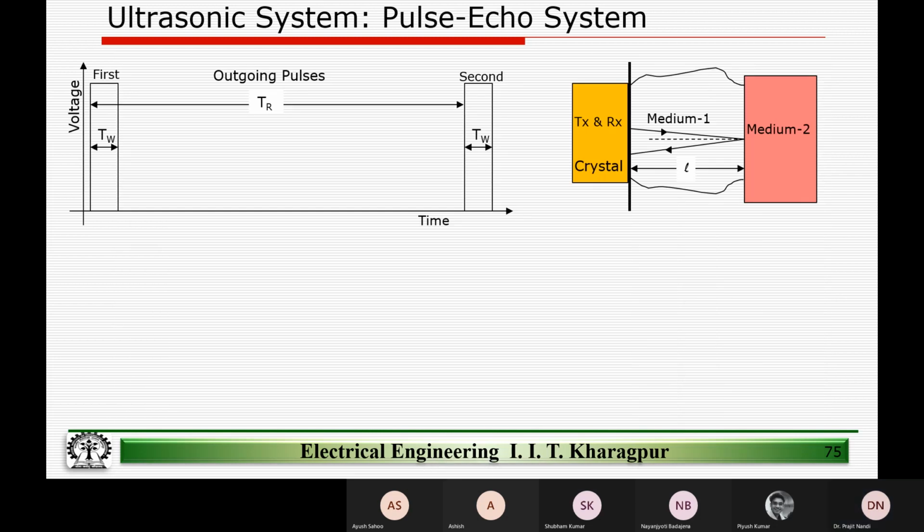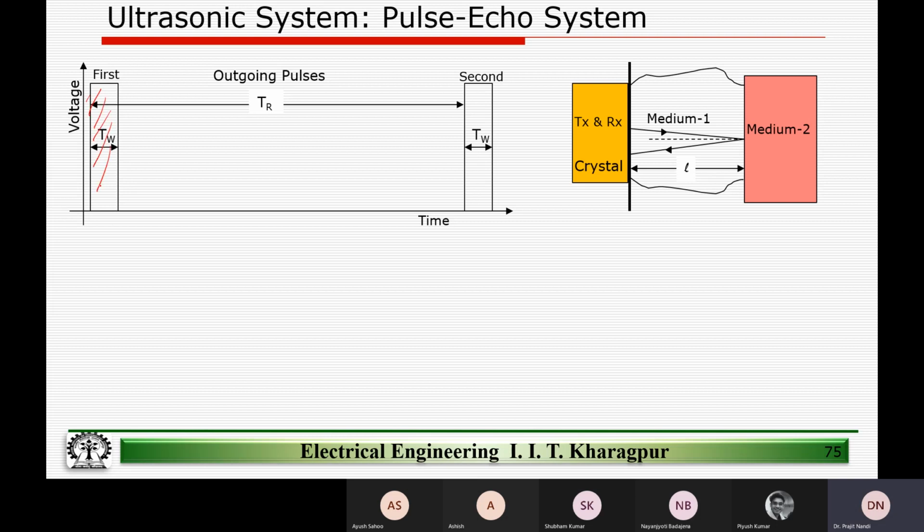So how does the pulse echo system work? From this slide, you are going to understand why the digital signal processor needs to talk both to the transmitter as well as the receiver. First, we generate a voltage pulse.